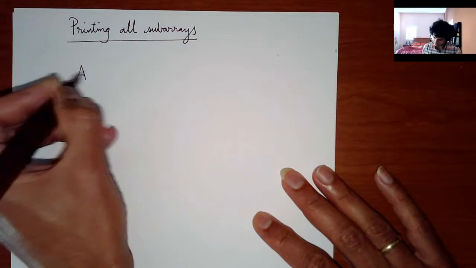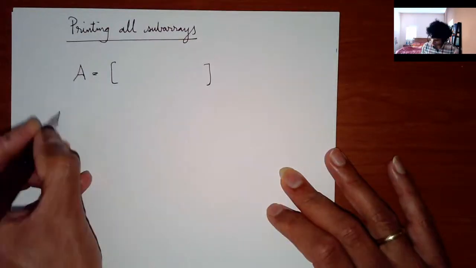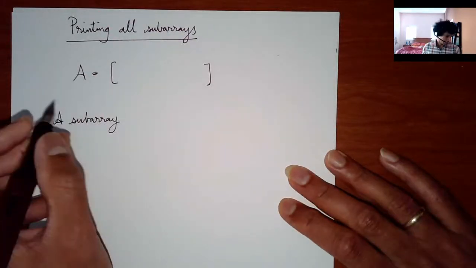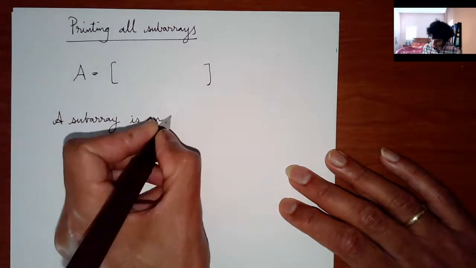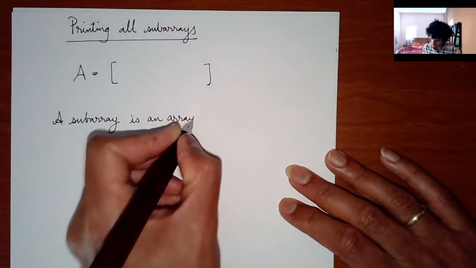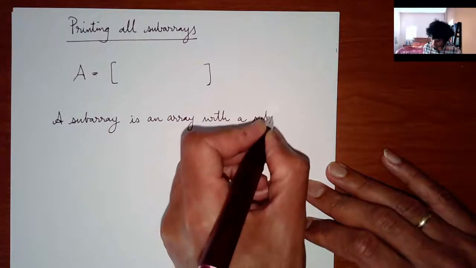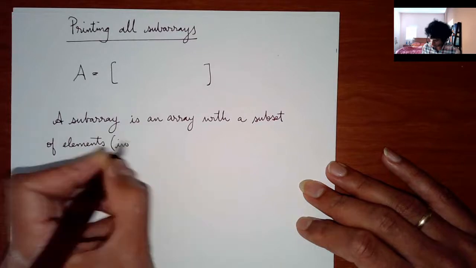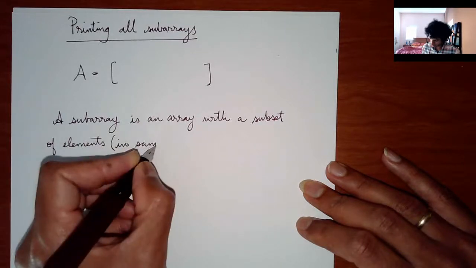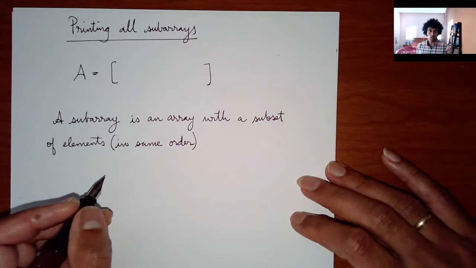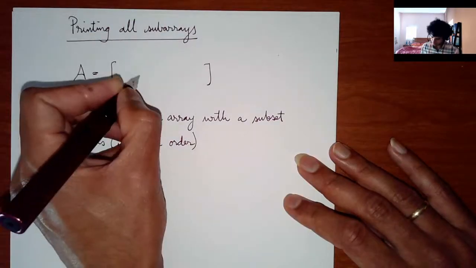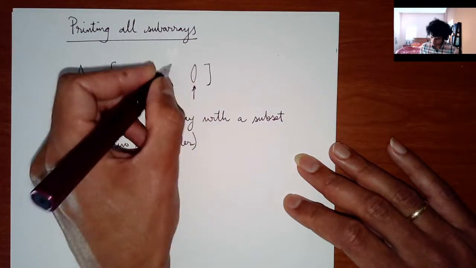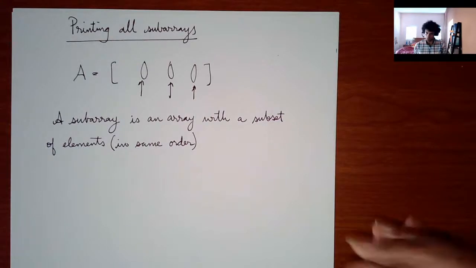If A is an array of ints, a subarray is an array with a subset of elements in the same order. This subset is not necessarily contiguous. So you could take this element and this element, and these three form a subarray.